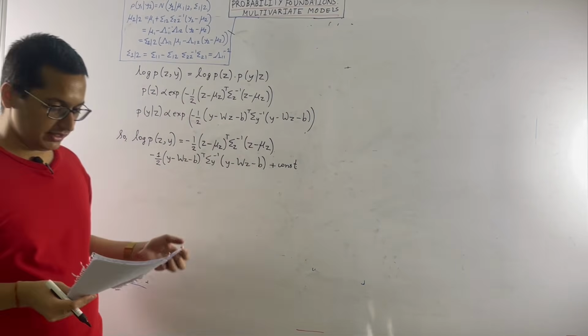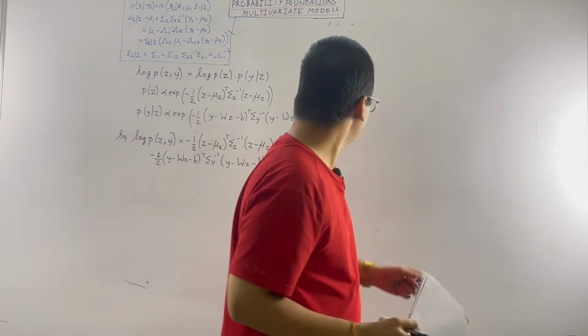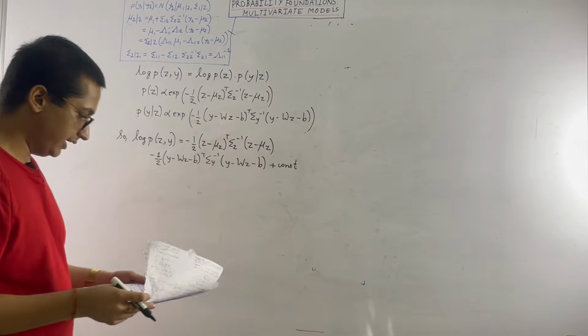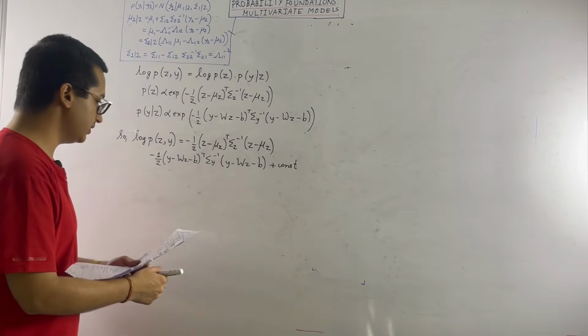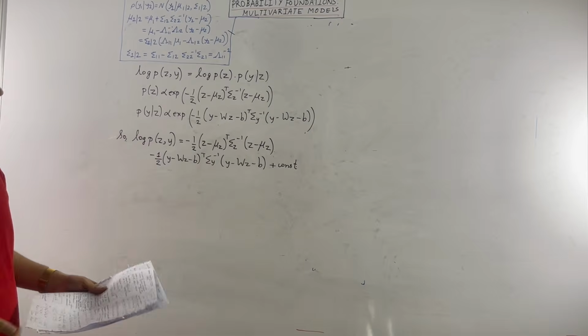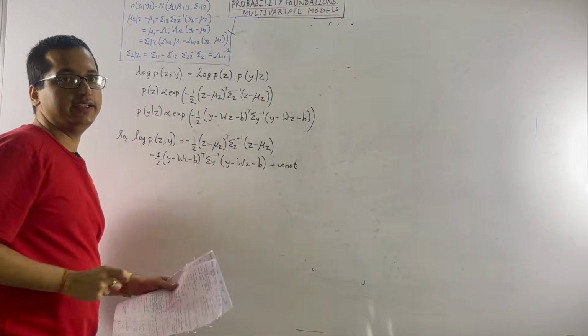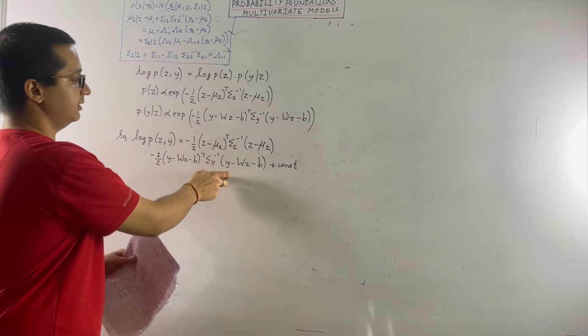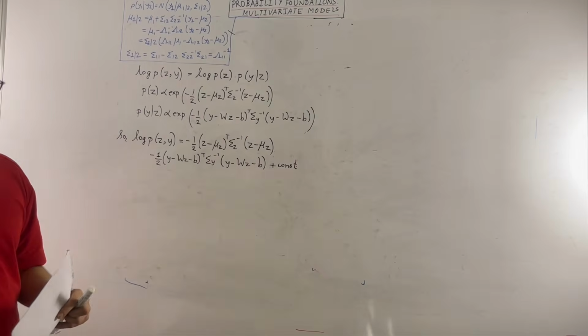And look at it. When I'm trying to frame this entire thing as some kind of Gaussian, I am only interested in the second degree terms, the quadratic terms, because that is what is creating the influence.